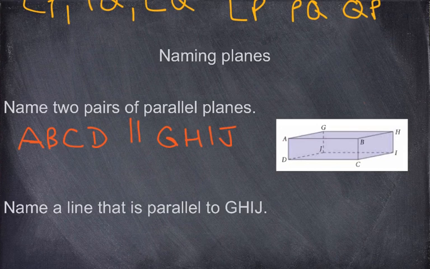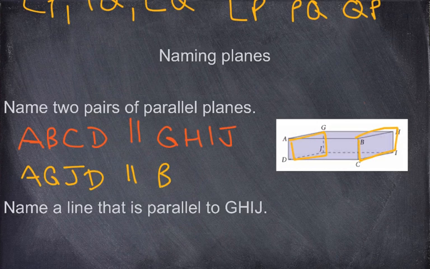But we have to come up with 2 pairs. So another one, you could say the left side, which is AGJD. That's going to be parallel to this plane right here, which would be B, H, I, C. And there we go.